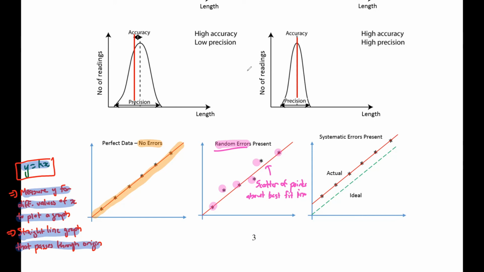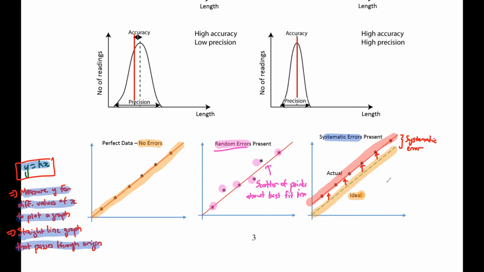Now we move on to systematic errors. Recall that earlier I said that if your measurements do not contain any errors and that the relation is valid, you will get a straight line graph that passes through the origin like this. If your measurements instead give you a line like this, you would say that there is systematic error because all your values here are above the true value.